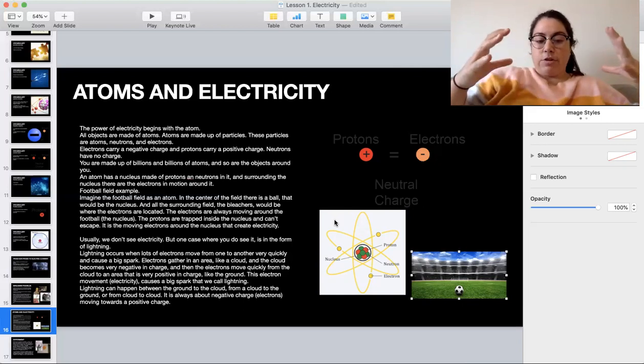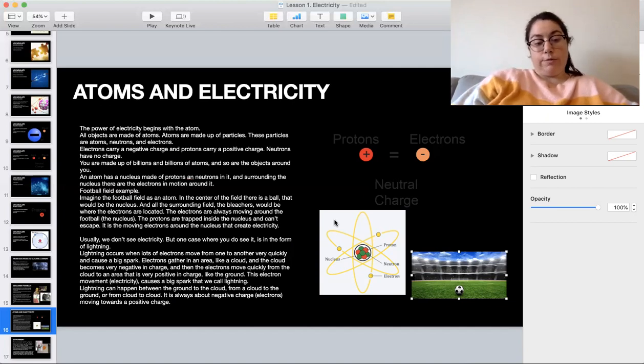And then the electrons move quickly from the cloud to an area that is very positive in charge, like the ground or maybe another cloud. That fast movement causes a big spark that we call lightning. Lightning can happen from the ground to a cloud, from a cloud to the ground, or from cloud to cloud. It is always about negative charge, about electrons moving towards a positive charge, okay?